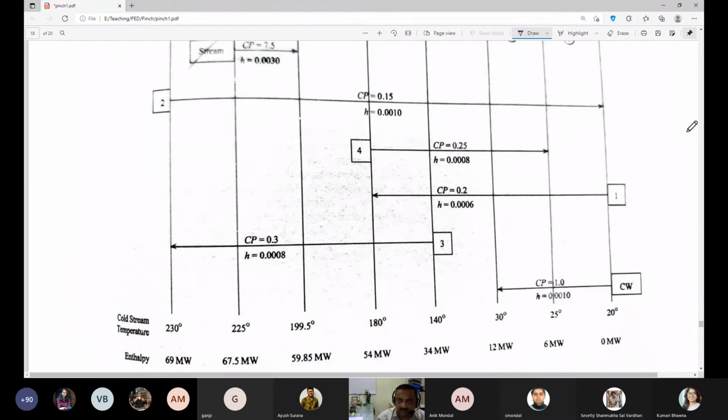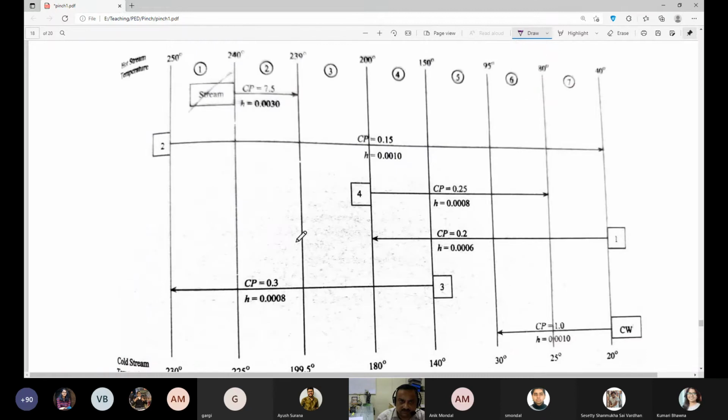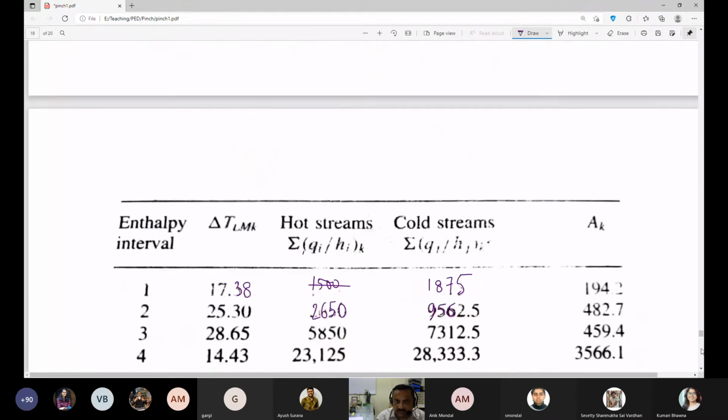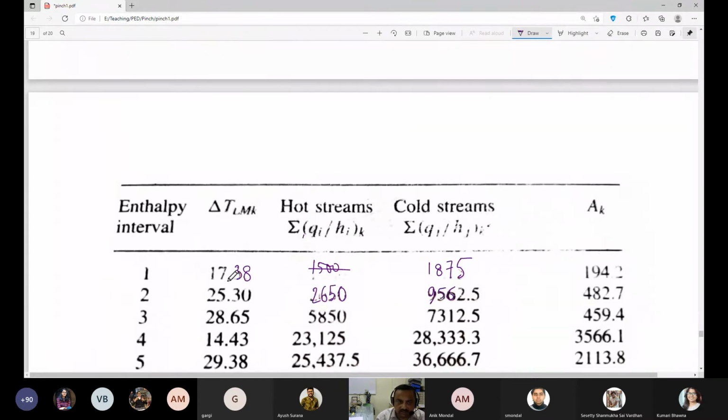So these are the temperature values. I'm supposed to have a heat exchange between these two streams, right? This is steam. So you find out what the LMTD is. That LMTD you are reporting here, delta T LM for the first segment, the first enthalpy interval.